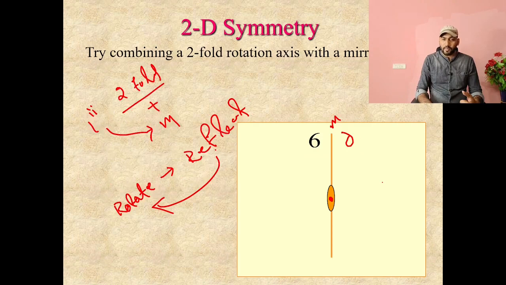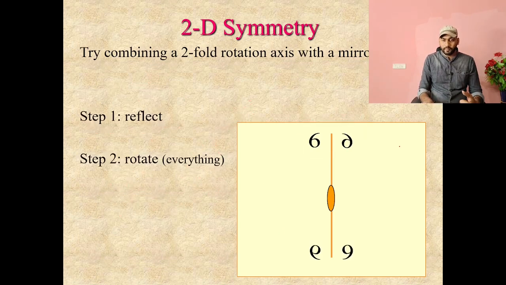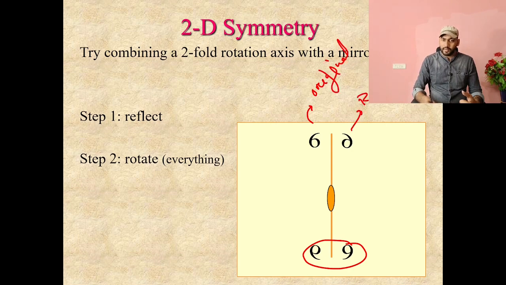This structure came after reflection. For 6, if I reflect, it will become D. Now this structure formed has to repeat a second time after 180 degrees. So here this is the repeated face, this is the original, and this one is the reflected.